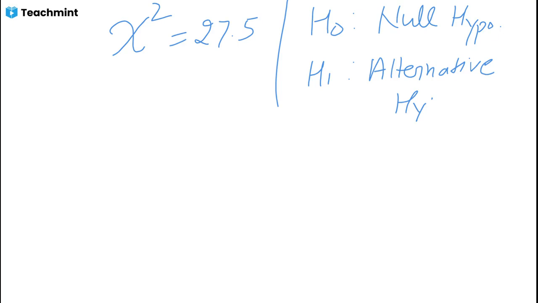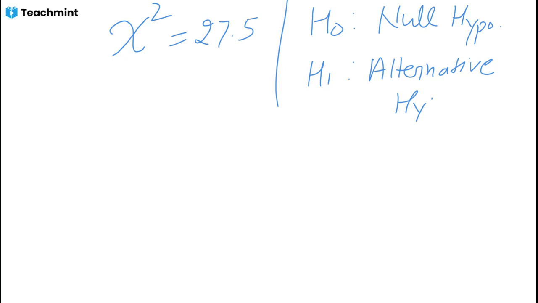I'm just sending you the table for 5% level of significance. I'll give you various tables for each test. Here we have 5 as the degree of freedom, and we'll have the value at 5% level of significance.